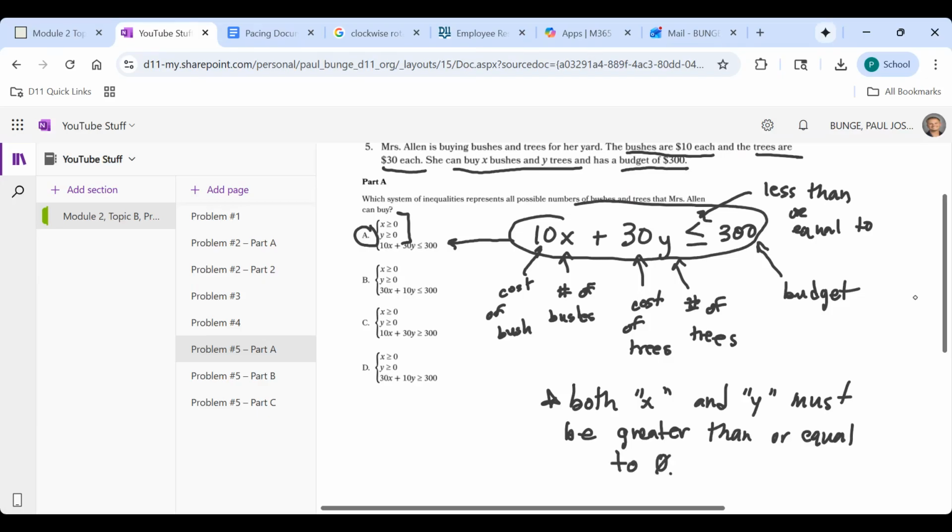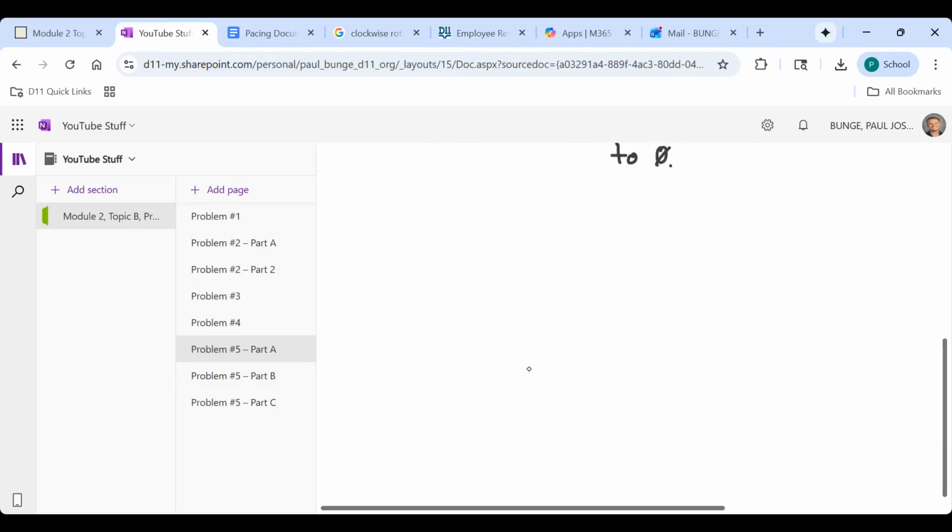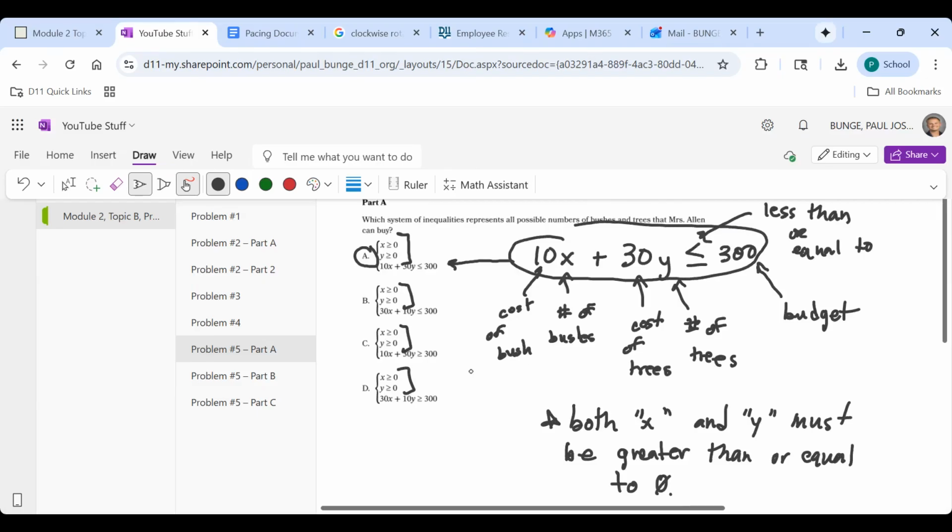I could buy 0 trees, but I can't buy negative trees. That's why it's included in every option. So if you understand why that's there, then all you're doing is focusing on the bottom inequality. I know that's kind of funky because we got 3 in a system, but you can have as many as you want in a system to get close to a solution that works for your entire situation. Okay, so that's part A.